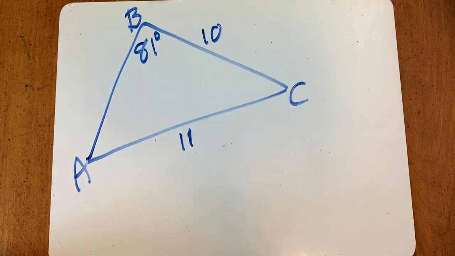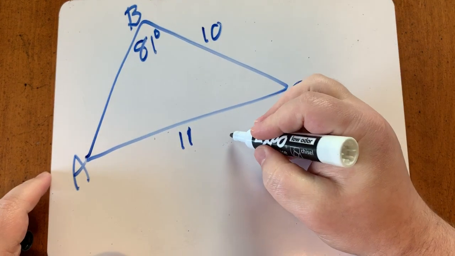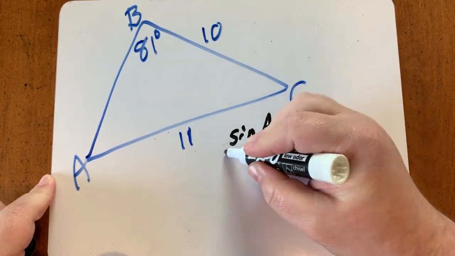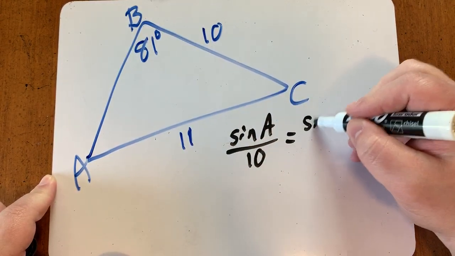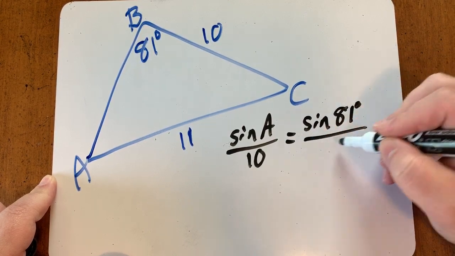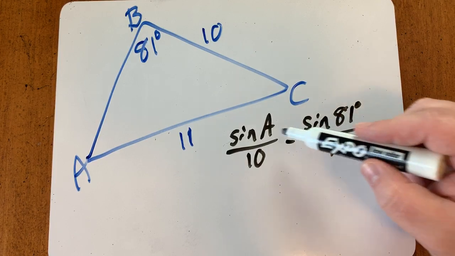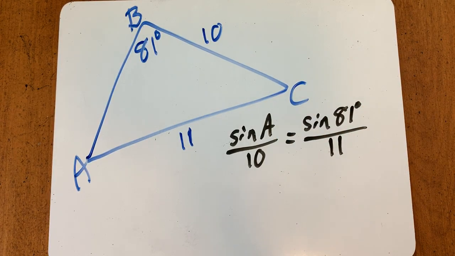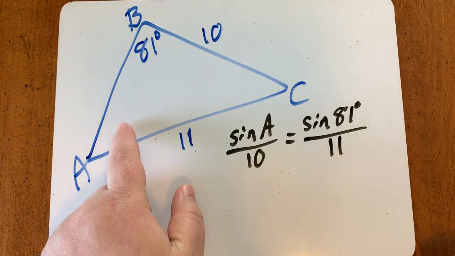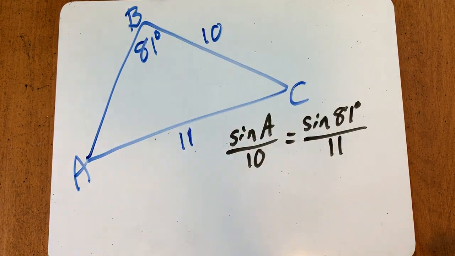So if you know two sides and the angle is not between, you can use the law of sines. So we don't know angle A, but we know side A, we know angle B, and we know side B. So all you would do is multiply both sides by 10 and take the sine inverse to get angle A. And then once you have angle A, you know two angles, and all three angles add up to 180.